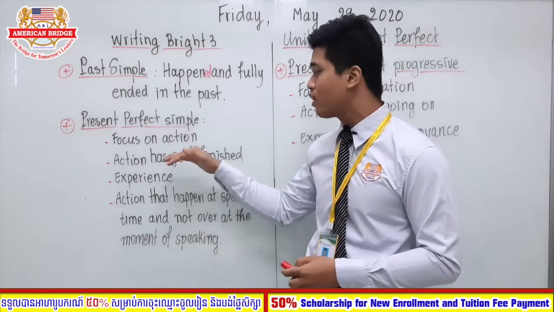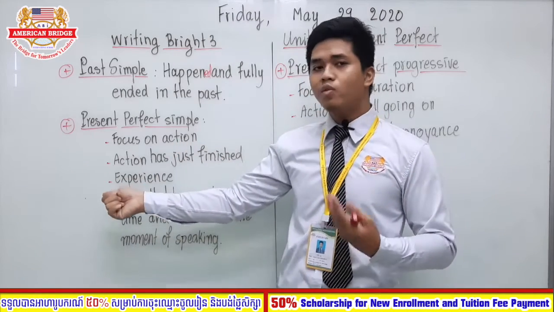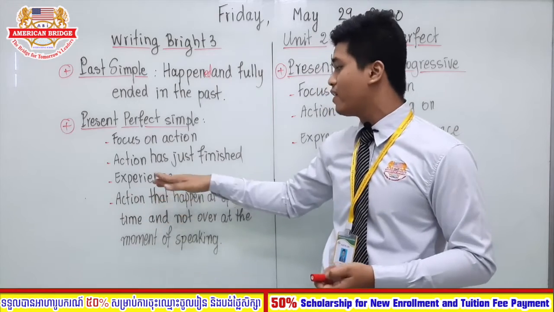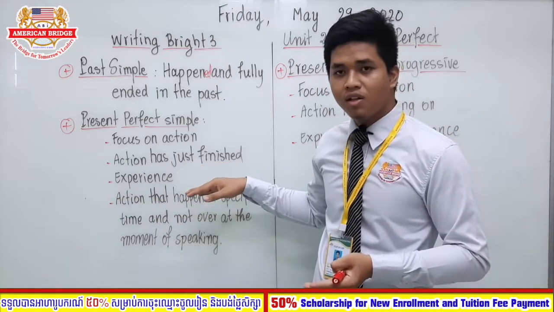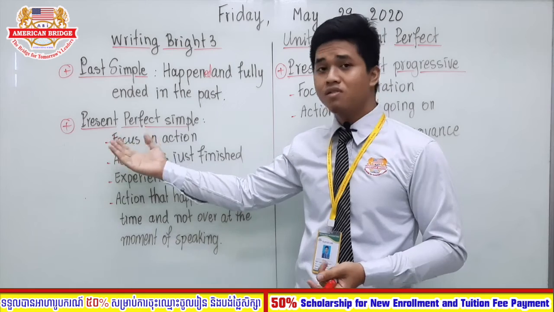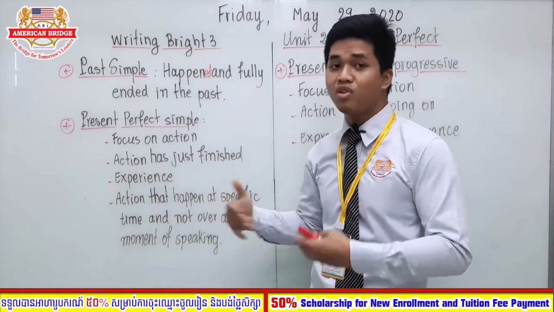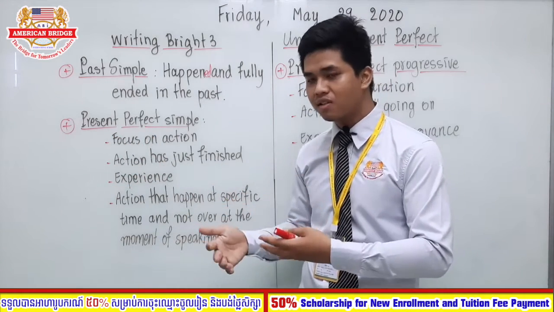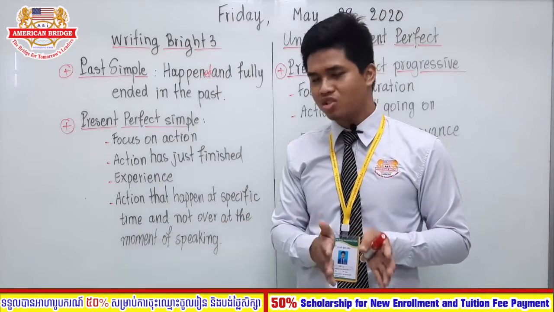The second use is when we want to talk about an action that has just finished, you need to use present perfect simple. You can see some result or effects in the present, but it just finished.